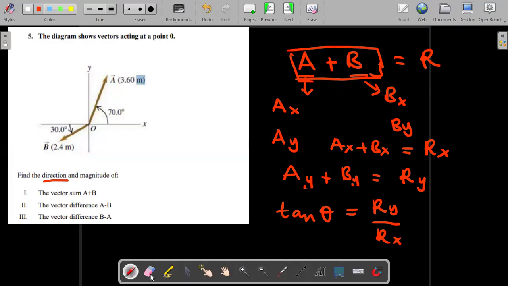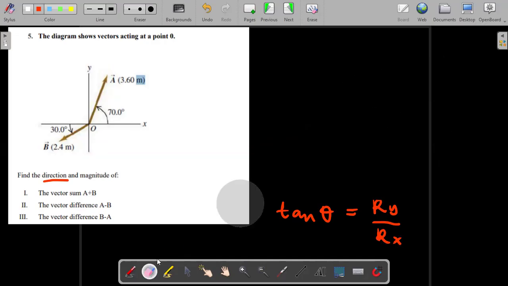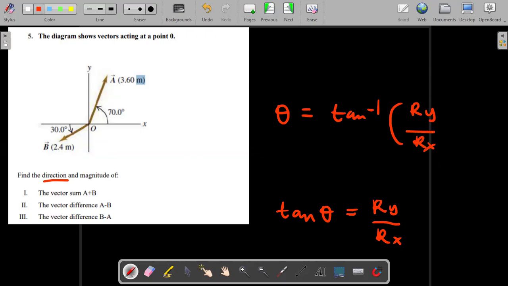Of course, this simplifies to theta equals tan inverse of Ry over Rx. This is the angle you're going to get, and depending on where your vector is displaced, you will notice which quadrant it sits in. You will understand it better as we do the question, so that's what you must have in mind as we get into it.